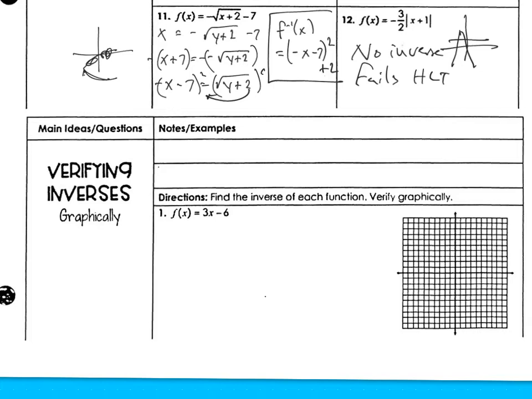They're inverses, so we have 2 functions. Our functions are inverses if they reflect over the line y equals x.